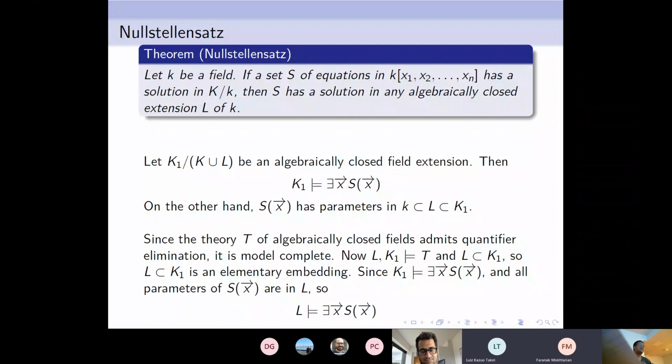I have a question. When was this done? When did they realize they can prove Nullstellensatz with model theory? I have no idea about the timeline.